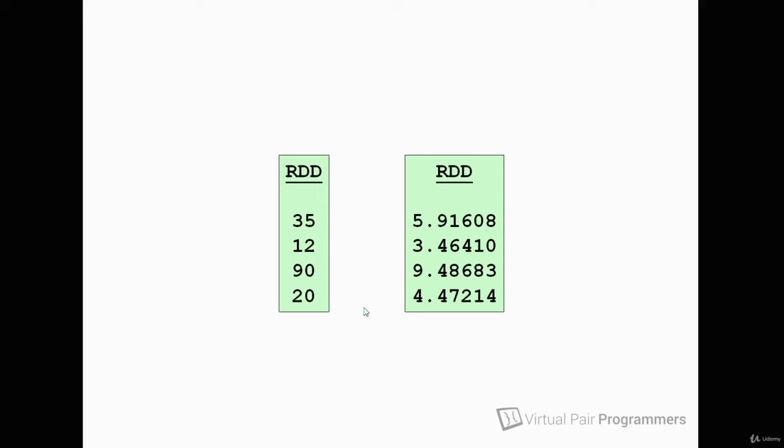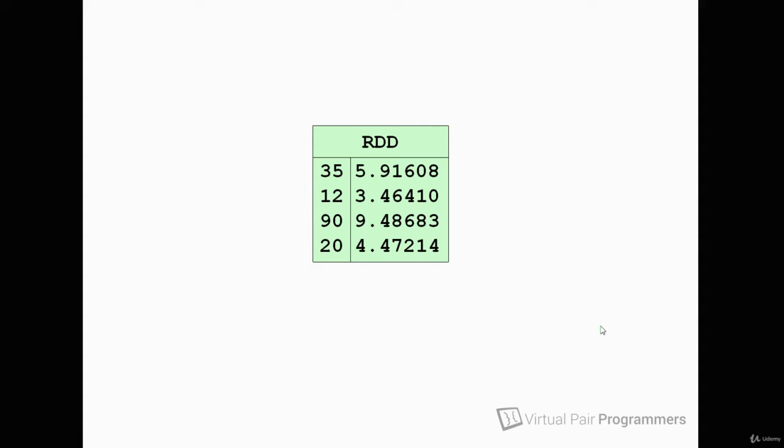Let's say we wanted to find out the sum of all of the square roots where the input value is greater than 20. Hopefully you get the idea. Now, by having these two completely separate RDDs, I can't imagine how we're going to work. What I'm kind of getting at is that it would be nice if we could have the data all in one single RDD. Something like this.